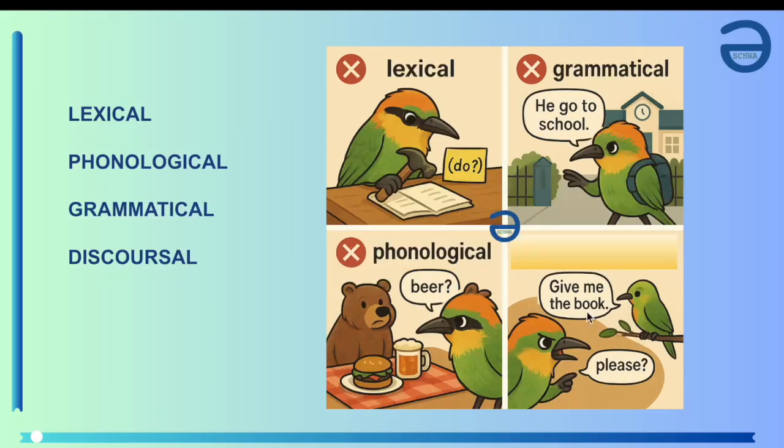And then finally we have discourse. We can see that the bird is very angry because the other bird said, "Give me the book," instead of adding "please" to it. So that's related to appropriacy, because without "please," it sounds like a command. And those are the four different categories.